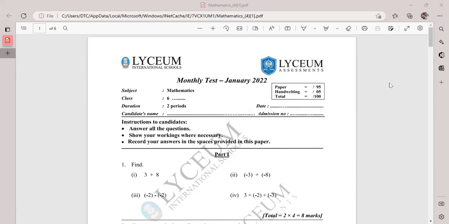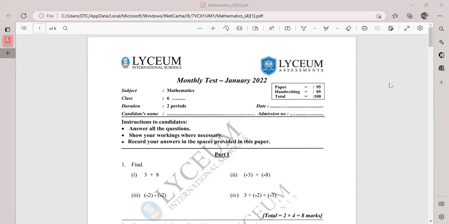Instructions to candidates: you want to answer all the questions, show your workings, and record your answers in the spaces provided in this paper. I noticed while marking the papers that some students think teachers have lined papers in the exam hall, so why not use those papers to write the answers?